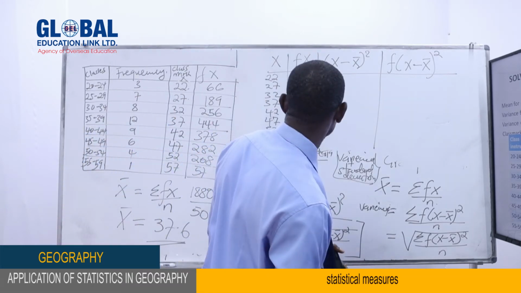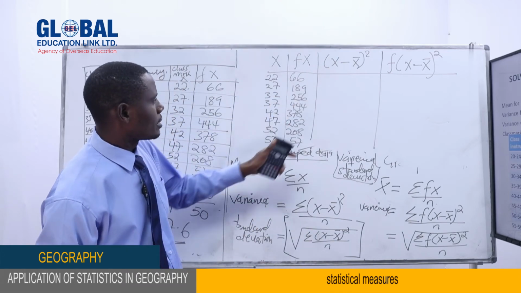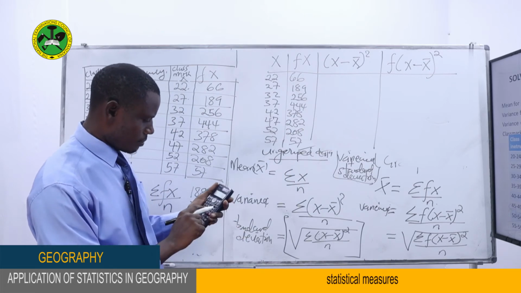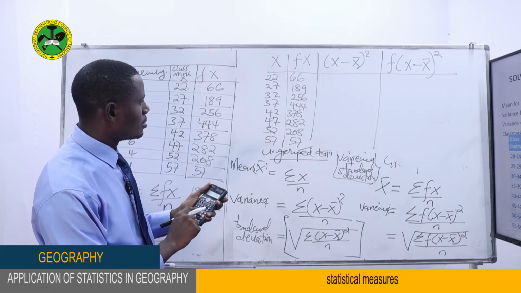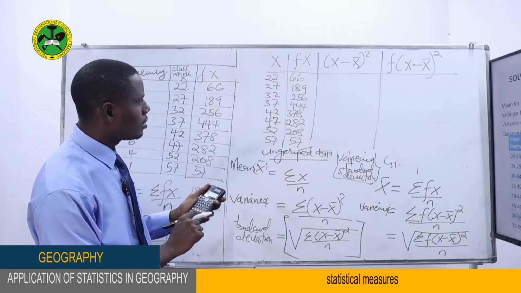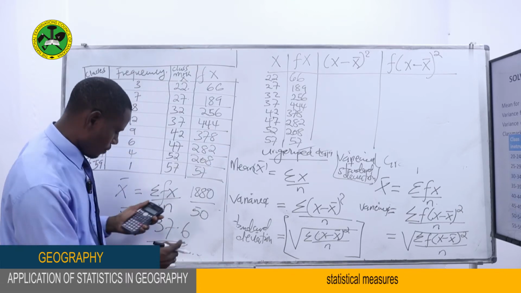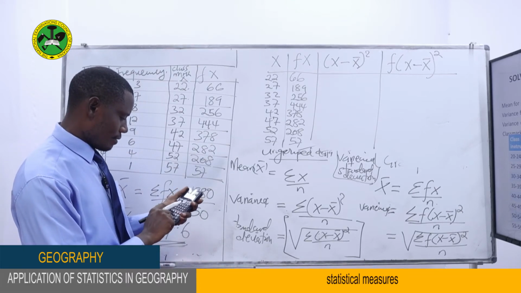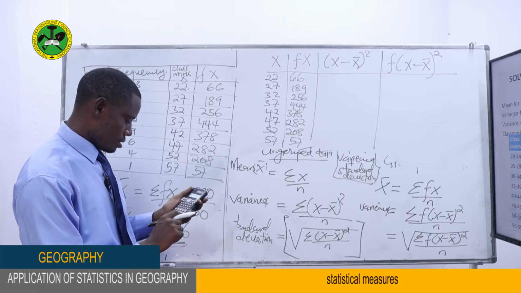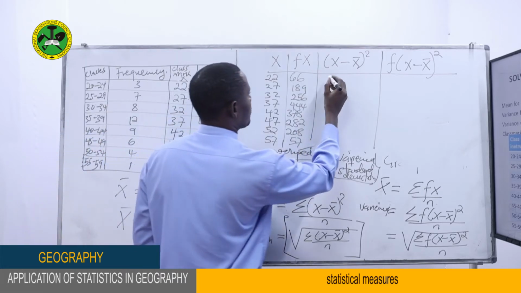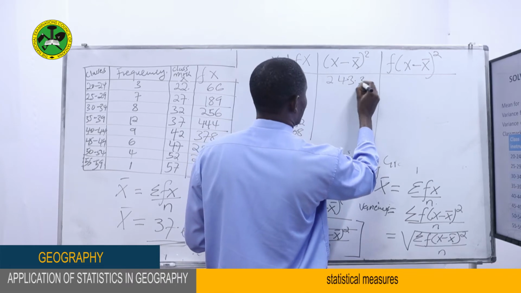I think you have the calculator, you just take the x, just to bracket, then 22 for the first case, minus the mean. We have the mean over there, that is 37.60, bracket, then we square, and for the first part, we get 243.36.